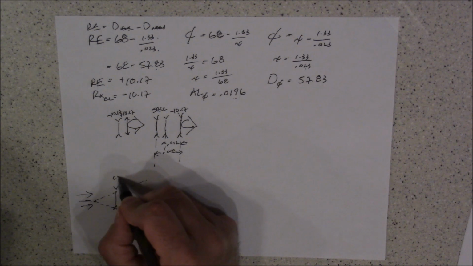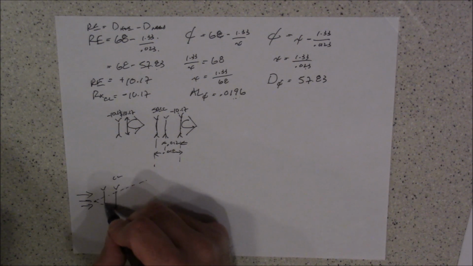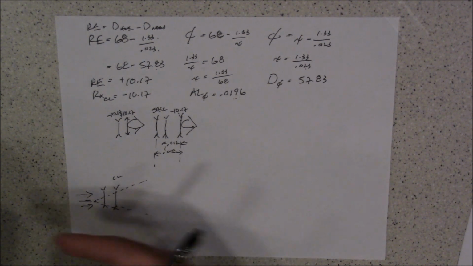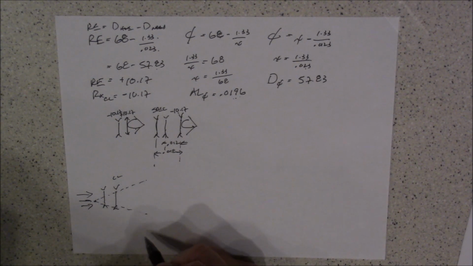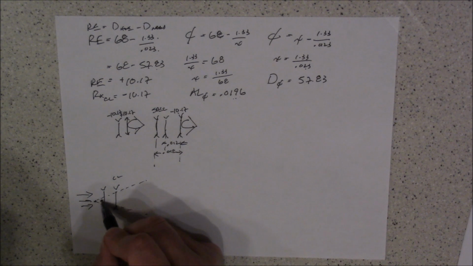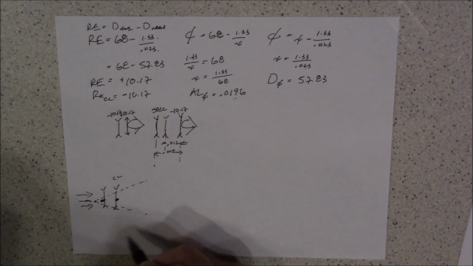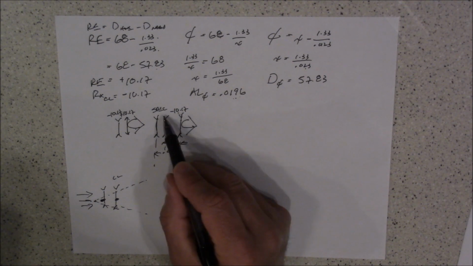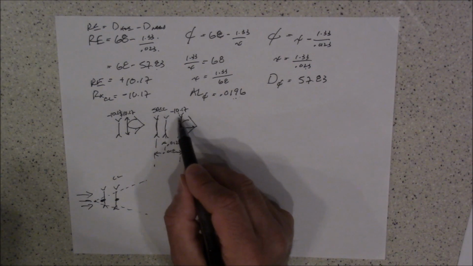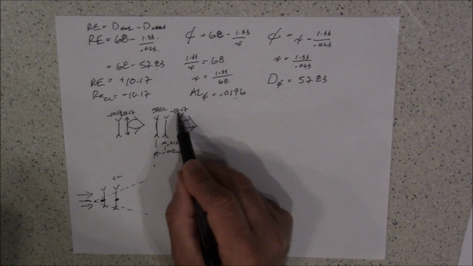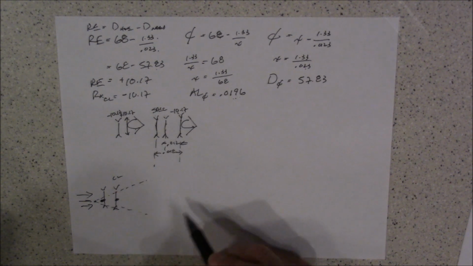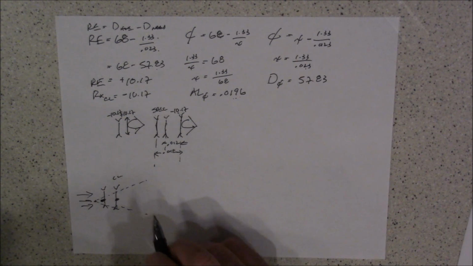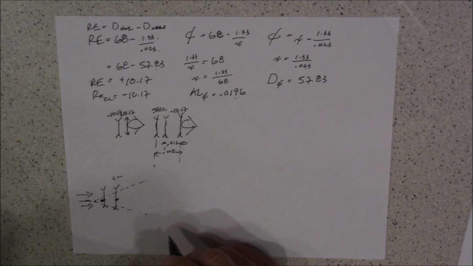If this is my contact lens correction, my spectacle lens correction is going to be towards the object, or to the left. The magnitude of this divergent wavefront is going to be significantly greater here than it is here, which means to compensate for that same amount of divergence, the value here is going to have to be more than this 10.17. This value needs to be more than 10.17, and this value here needs to be more than this value here.